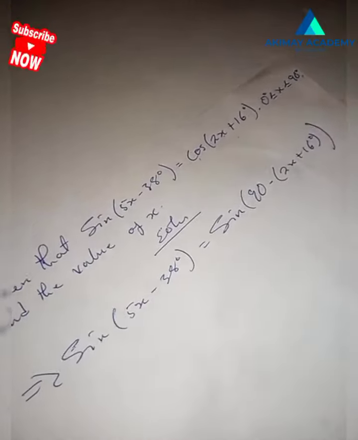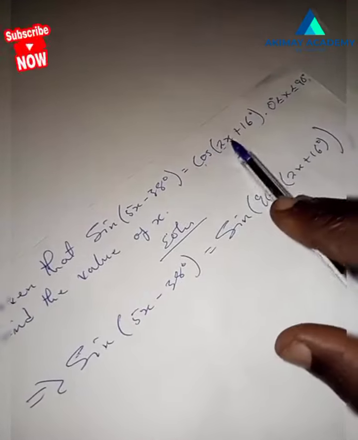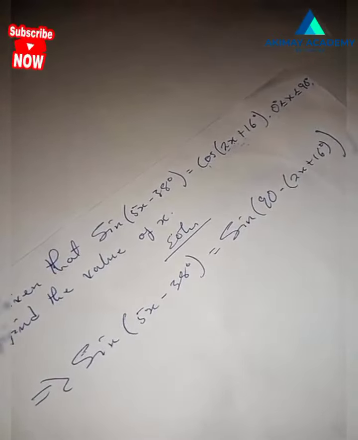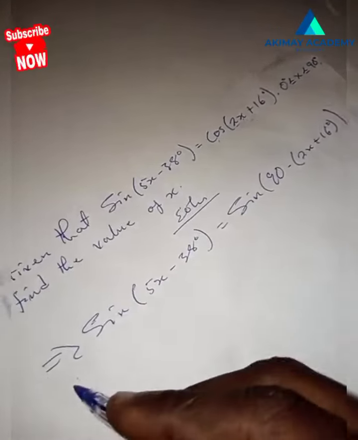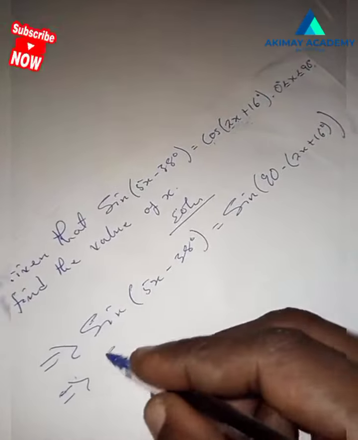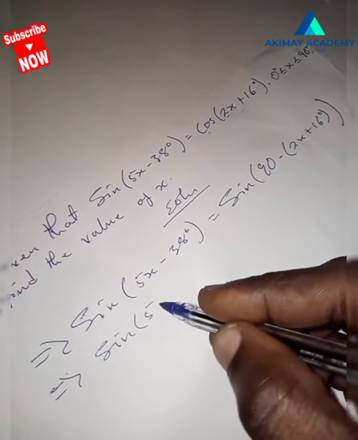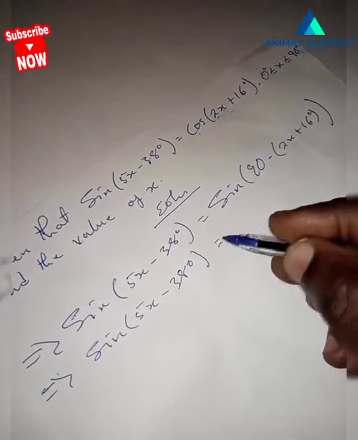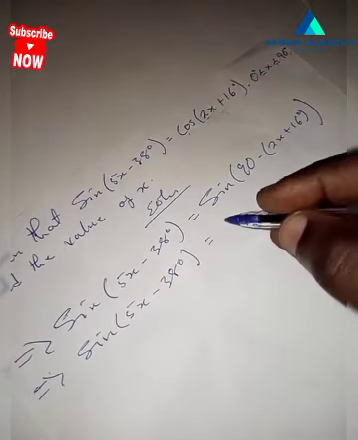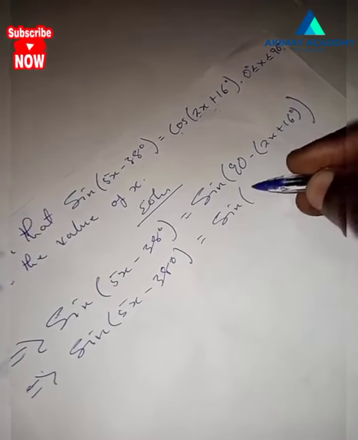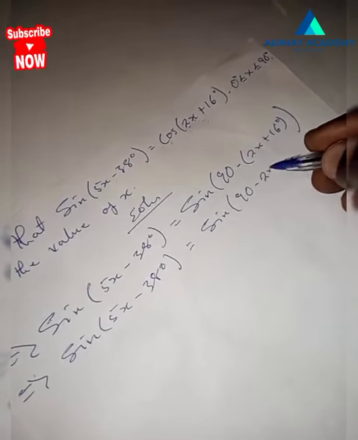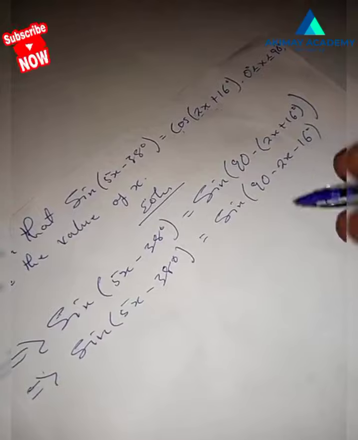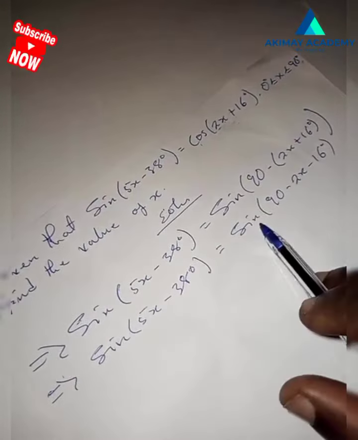The cos over here, when we take this value from 90 degrees, should be our sine of that value. So we have sine(5x minus 38 degrees) equal to, here we can expand and simplify, sine(90 minus 2x minus 16 degrees). Good. Now you can see that sine is equal to sine.